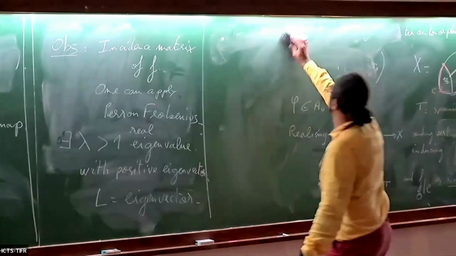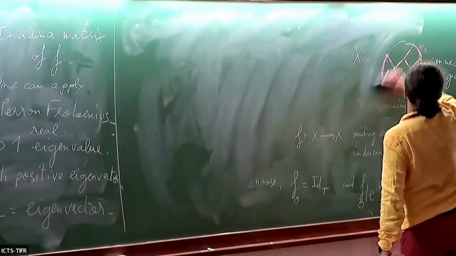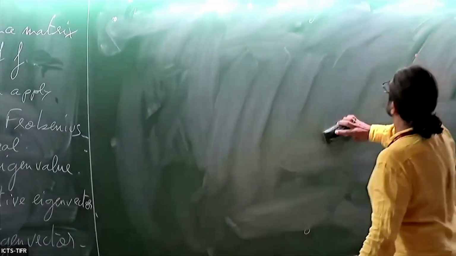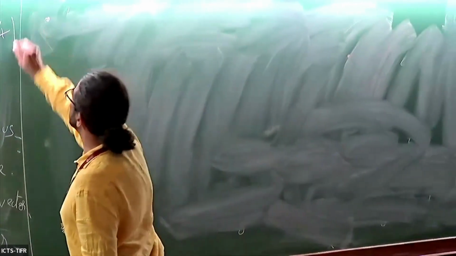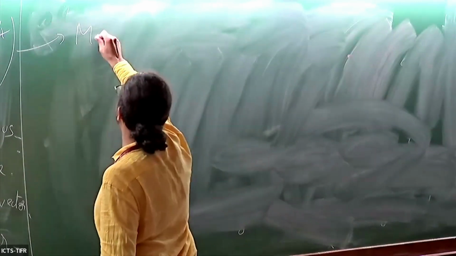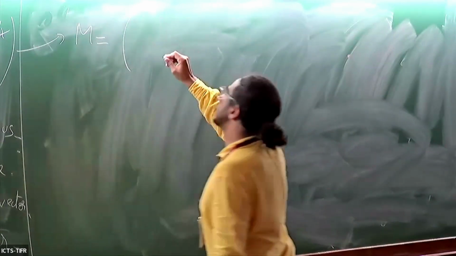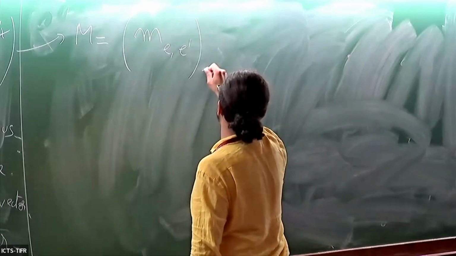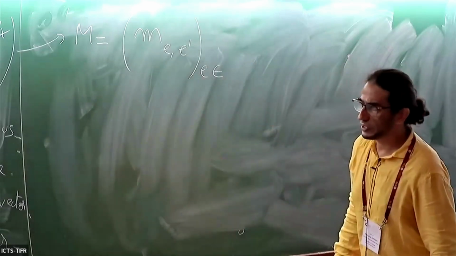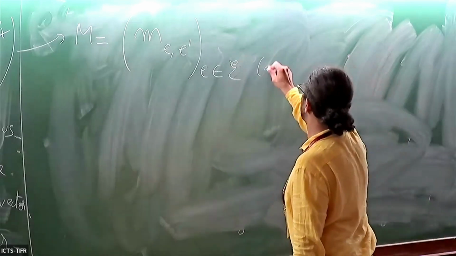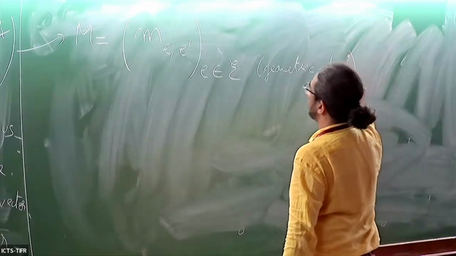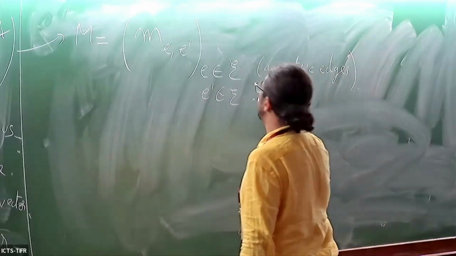We call it M. So it's M E prime, E in the geometric edges, E prime also.